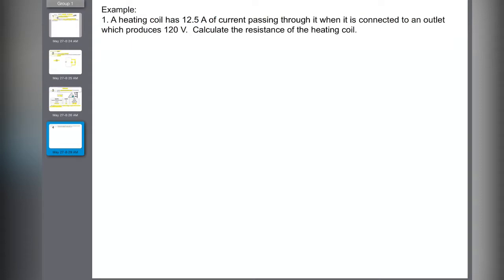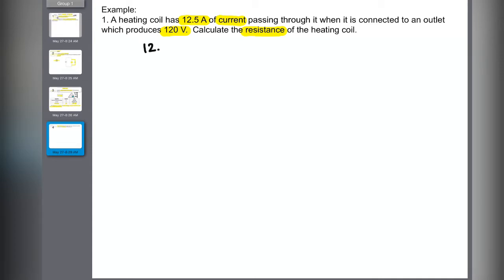All right, so let's do an example together. A heating coil has 12.5 amps of current passing through it when it's connected to an outlet which produces 120 volts. Calculate the resistance.